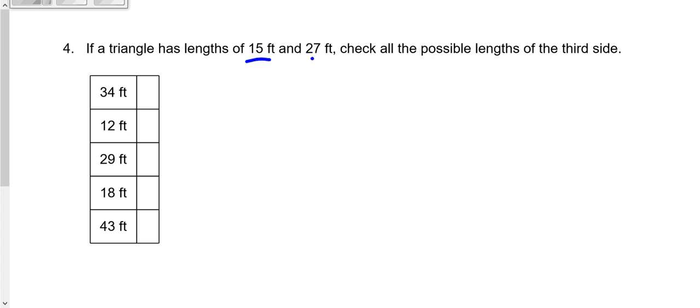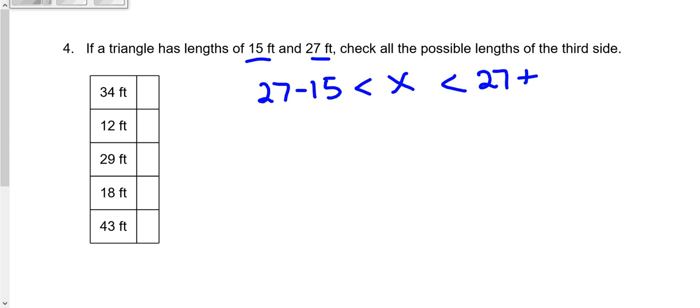So here are our two given sides. We set up our inequality: 27 subtract 15 less than x less than 27 plus 15.